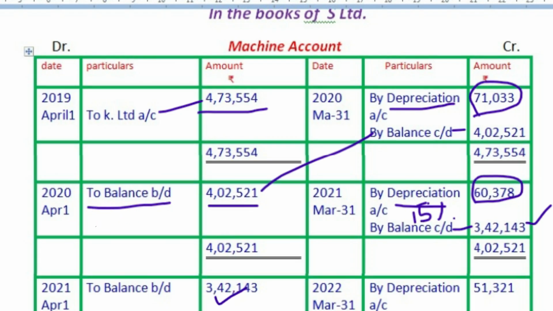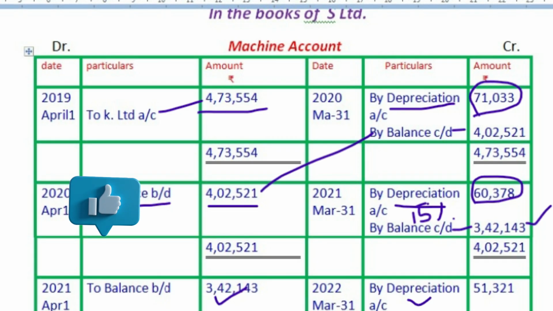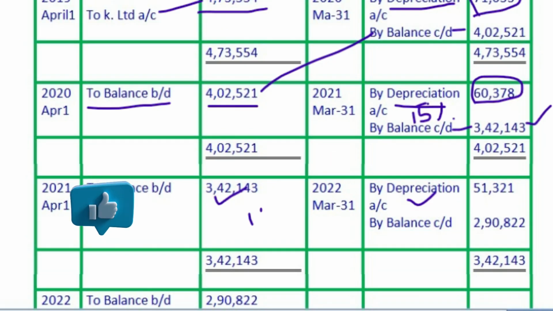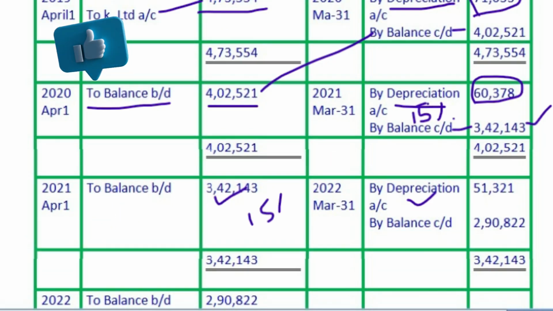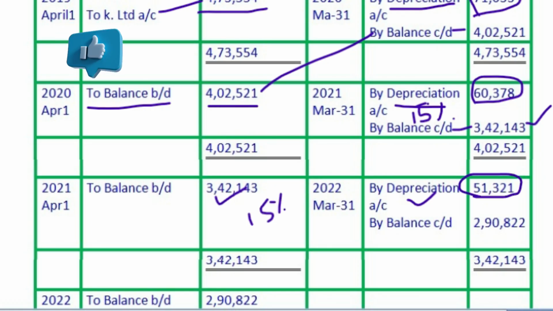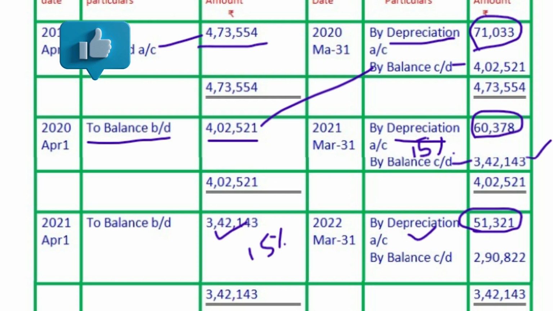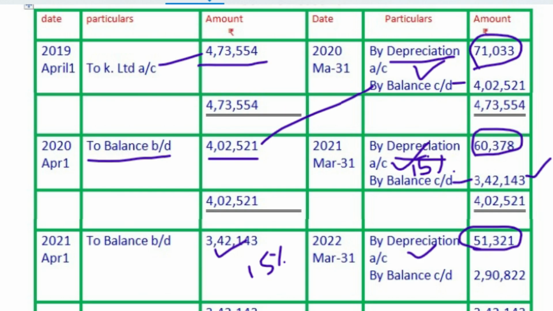On this balance BD again the third year depreciation at the same 15% is to be calculated, 51,321. This is your first year, this is second year, this is third year.